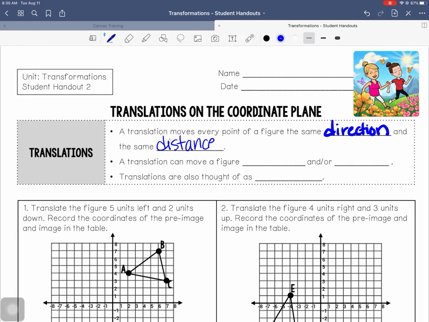A translation can move a figure left and right and/or up and down. Translations are also thought of as slides. I would suggest taking a moment, pressing pause, and writing these 3 bullets down under your translations in your notebook.